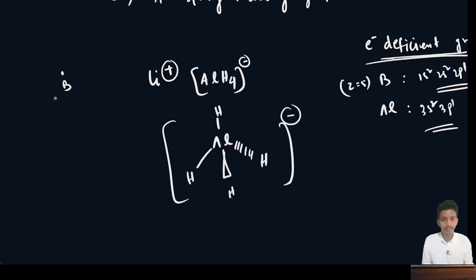If it shares these electrons with, let's say, 3 hydrogens, still its octet is not completed. How many electrons are there? 1 2 3 4 5 6. So still this is an electron deficient group, because the octet is not completed. Whenever the octet is completed, only then is the compound stable. 2 electrons are needed to complete the octet.